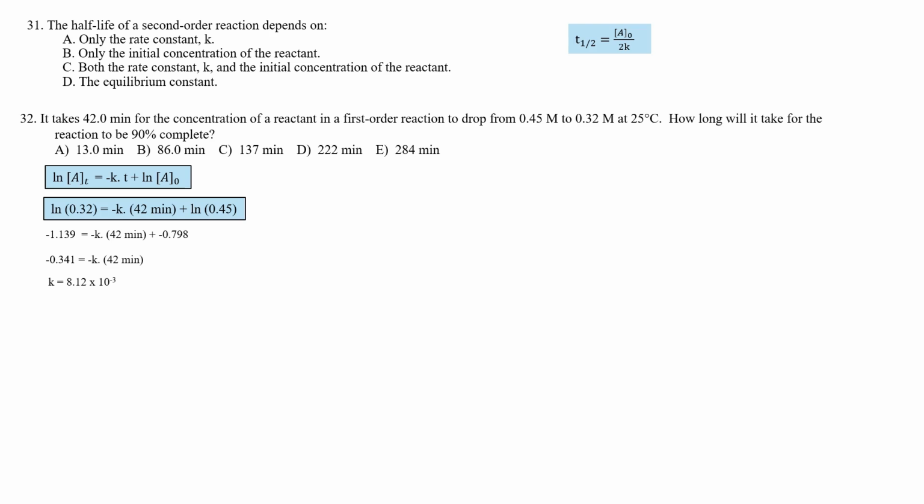Now let's apply this again to the first order equation. 90% completion means 90% complete, only 10% remaining. If we assume 100% is the initial concentration, then the final concentration is 10. ln 10 is equal to minus the rate constant we already calculated, 8.12 times 10 to the negative 3, times time taken t, plus ln of initial concentration 100.